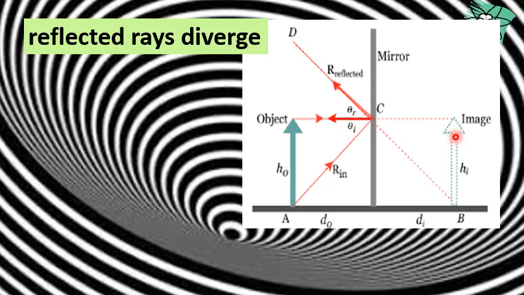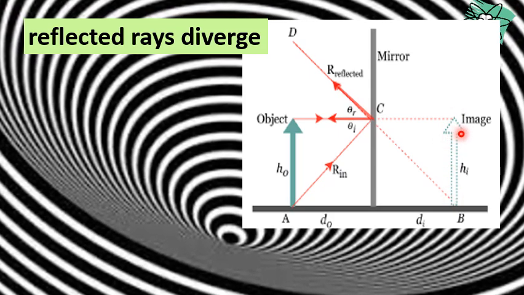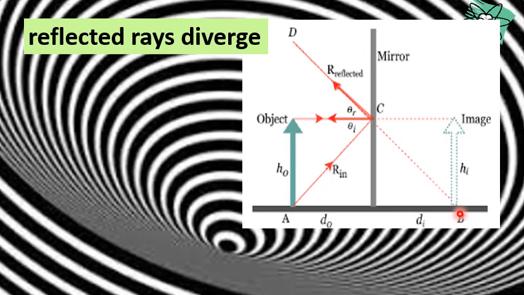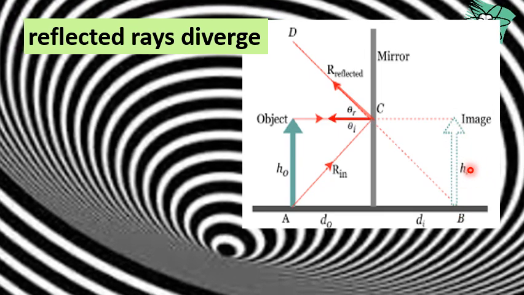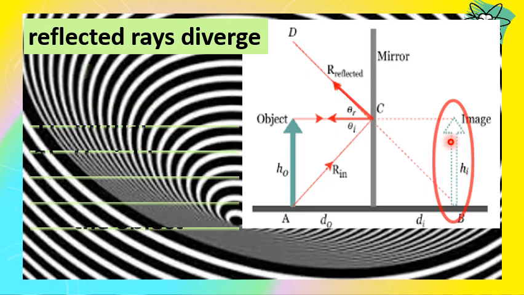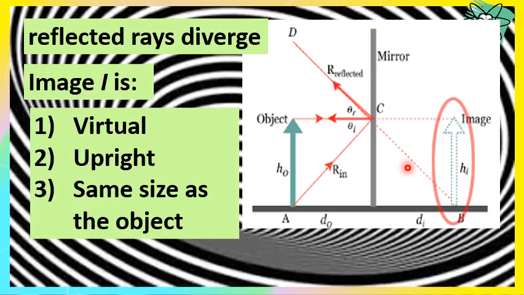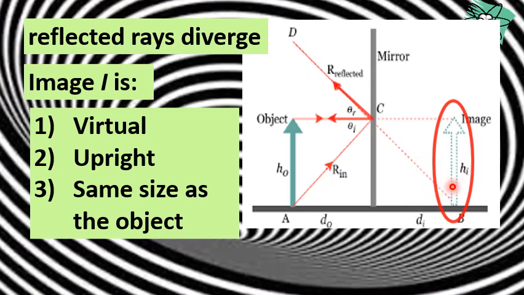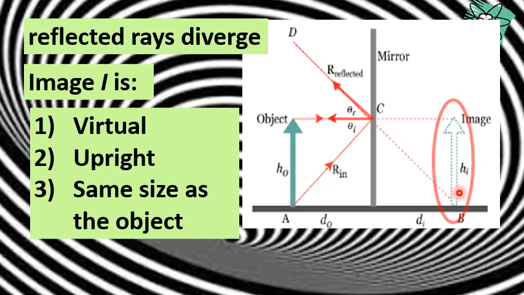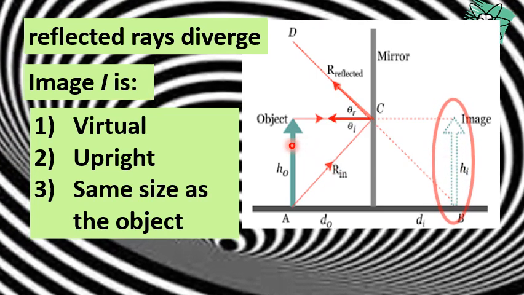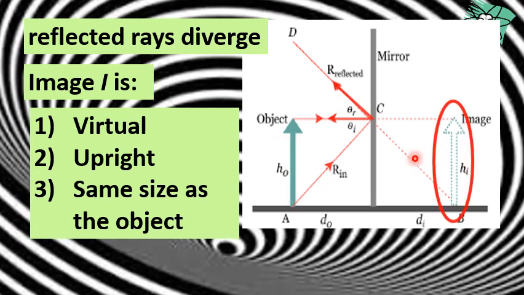So the image here is represented by this broken arrow with a height hi, and you will also notice that it is upright or erect, just like the object, right?